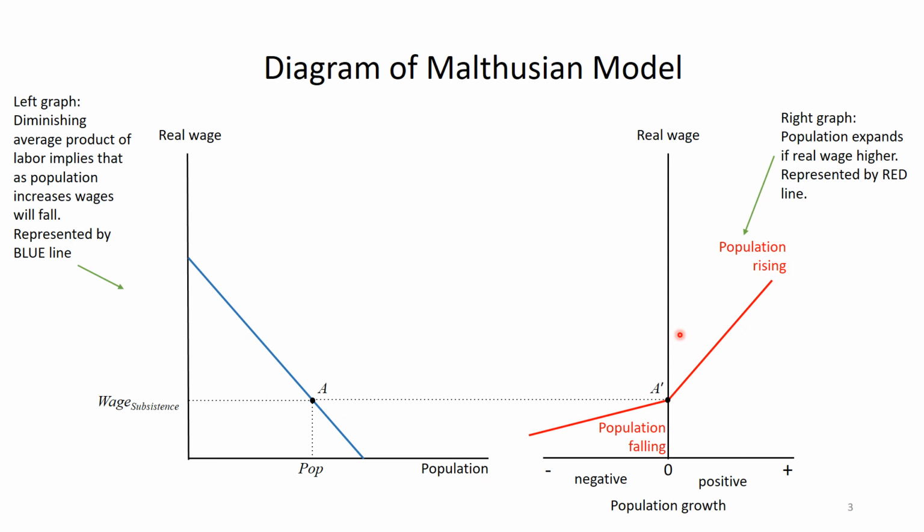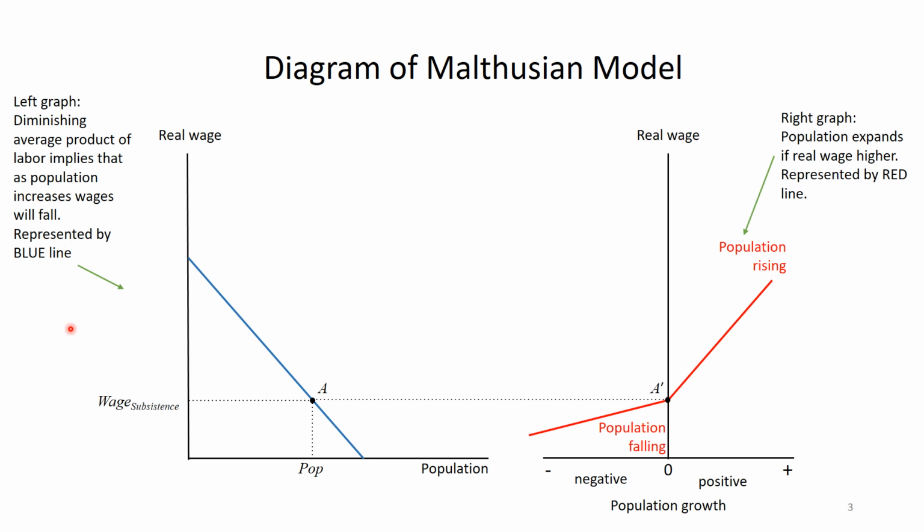The way you read this right-hand diagram is you look for a level of real wages, extend that out to the red line, and then look down and see that population growth is positive. If you're below A prime, you go over to the red line and see that it's negative. Okay, so that's how the first principle is represented on the diagram.